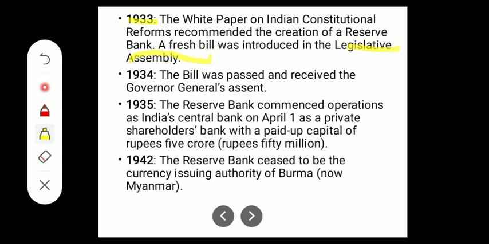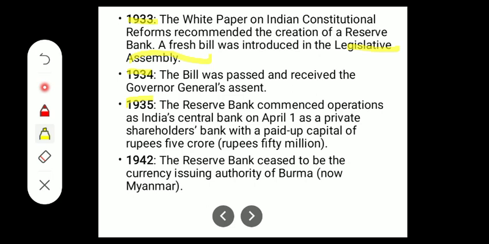It happened after the three Round Table Conferences. Then in 1934 the bill was passed and received the Governor General's assent, meaning approval. At that time, Lord Willingdon was acting as Governor General for India.